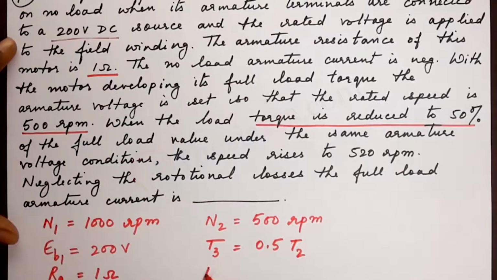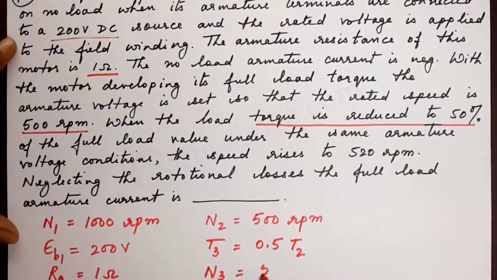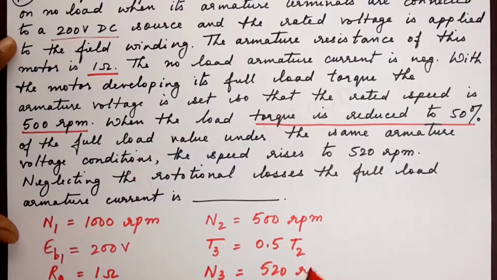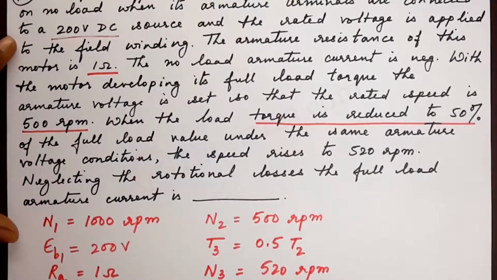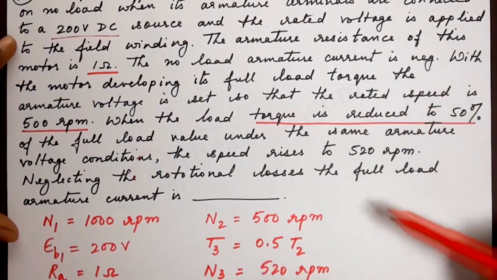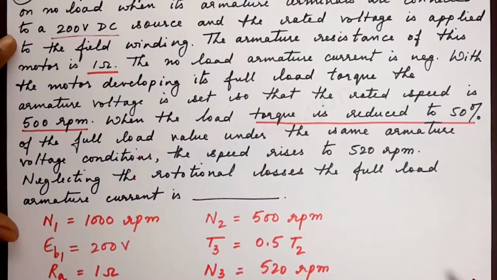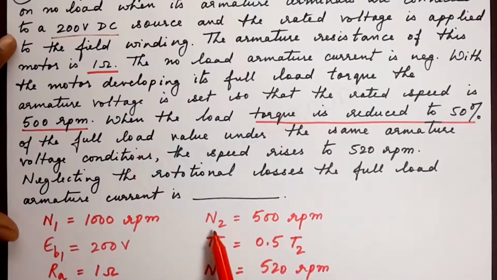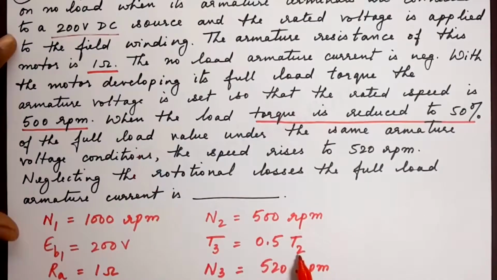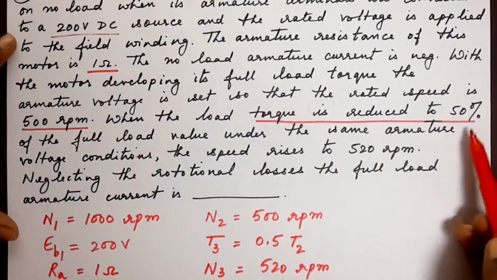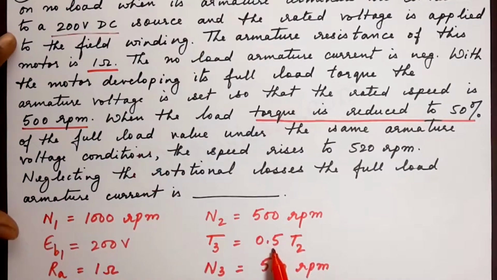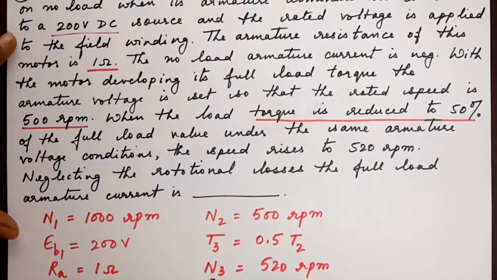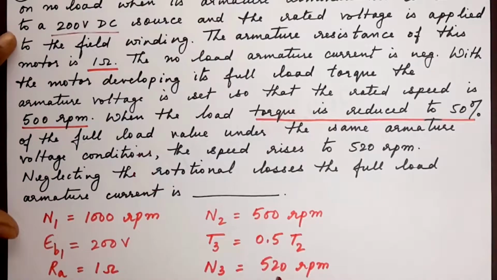And then the speed N3 becomes 520 rpm. I hope you're following. I'm using different subscripts, but they indicate two different cases stated in the question. At N2, 500 rpm, torque is T2. Then the torque reduces to 50%. That becomes T3, so T3 is 0.5 T2. And then the speed becomes 520 rpm. So this is all that we have.